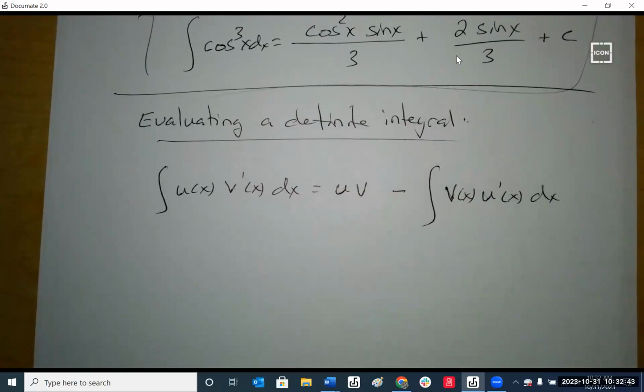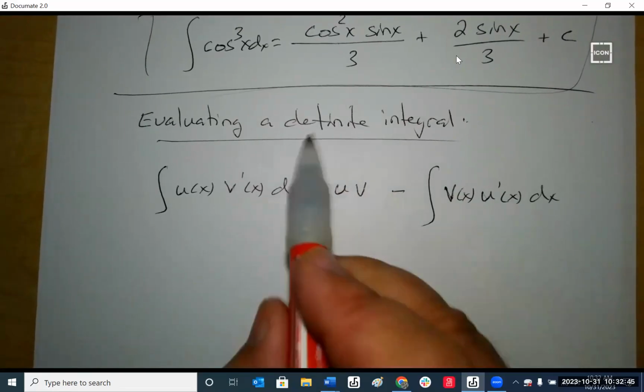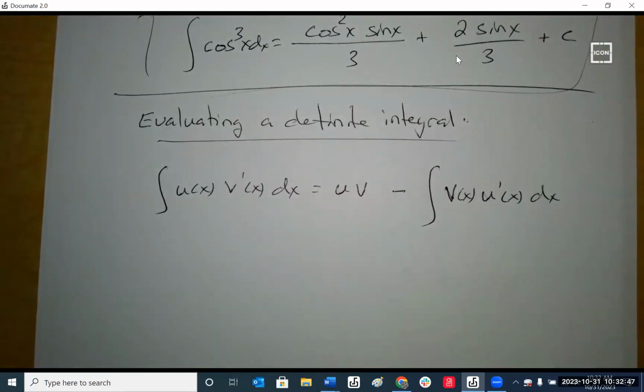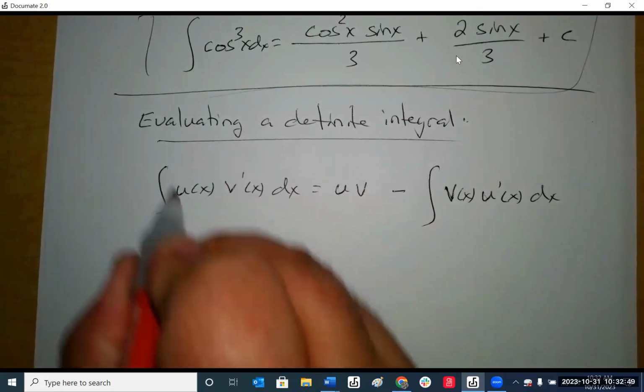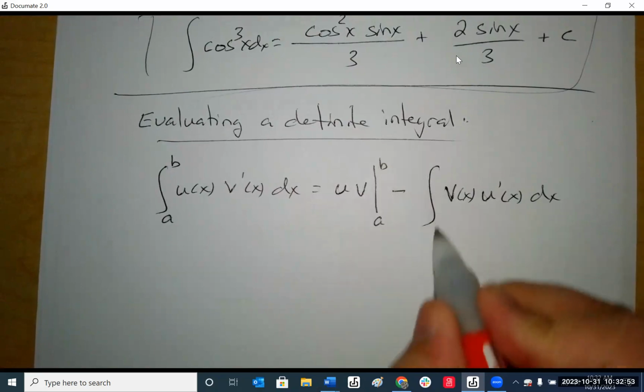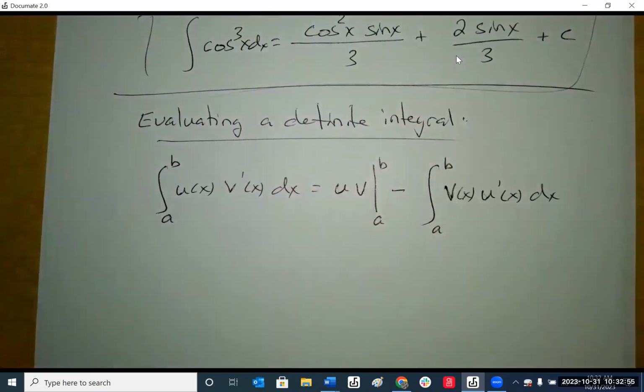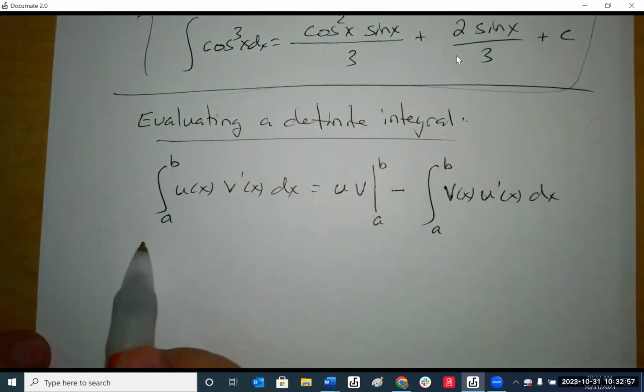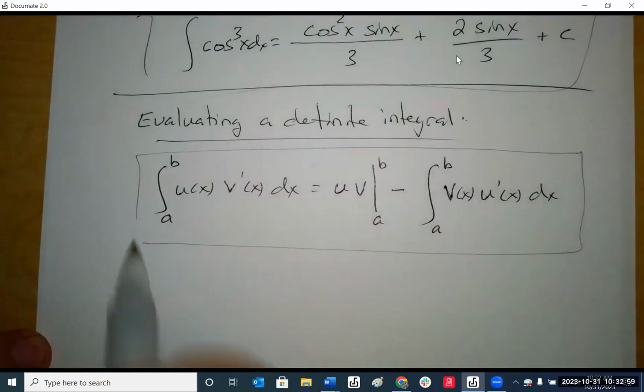All right. So since we're dealing with, these were the indefinite integrals, we always had to have plus c. Now we're going to go from our bounds. This is the formula we'll be using for definite integrals.